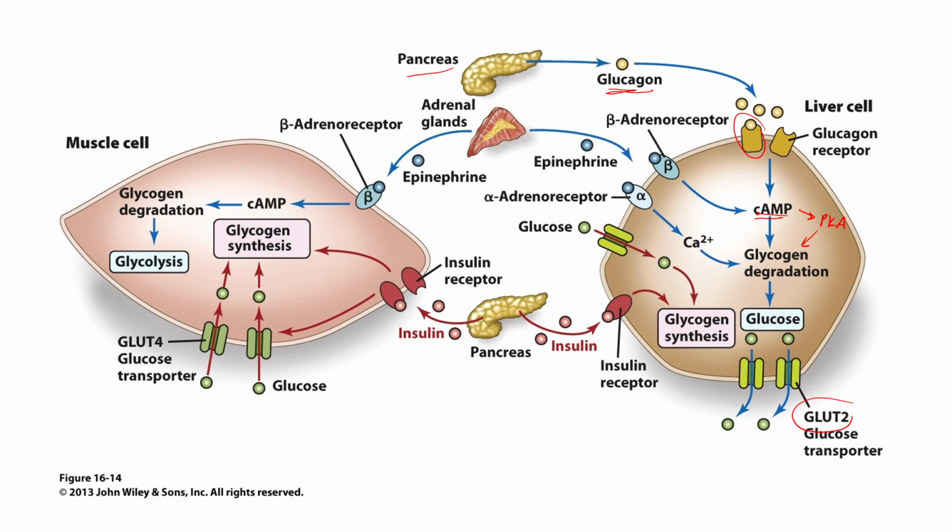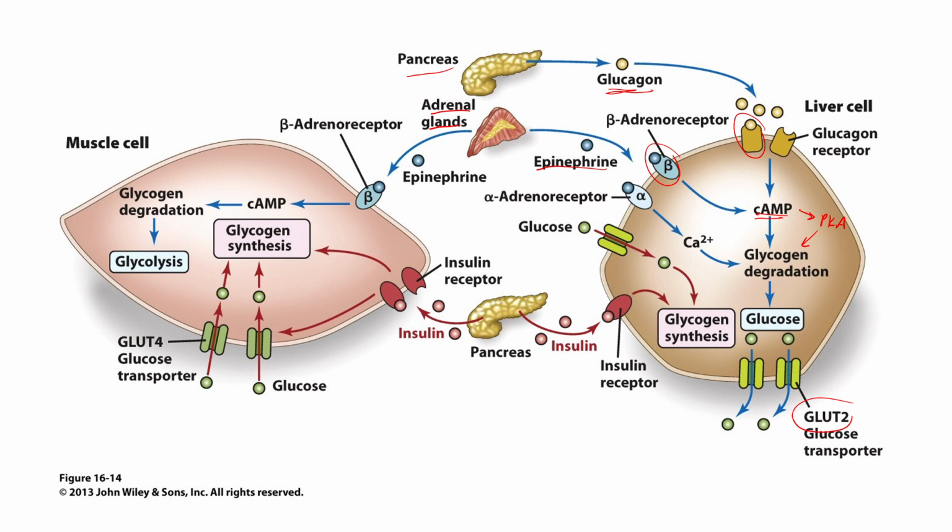On the similar but different side, we have the adrenal glands. And we talked about how the adrenal glands secrete epinephrine. Epinephrine interacts with another G protein coupled receptor, the beta adrenergic receptor. And that's going to have a very similar effect to the glucagon receptor, but for a different reason. So we talked about how glucagon is secreted in response to low blood glucose levels when energy is needed.